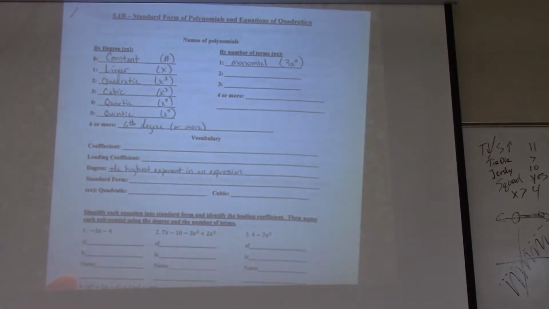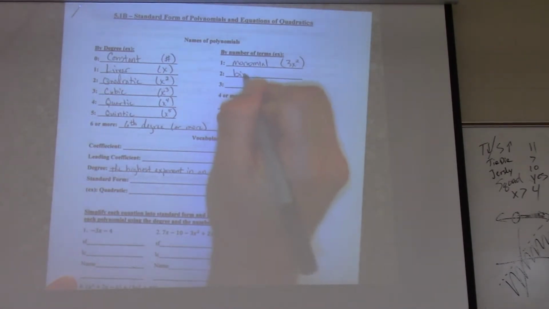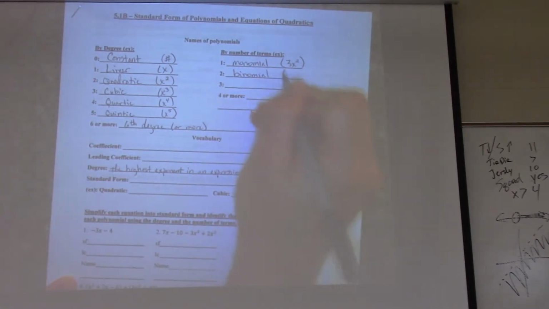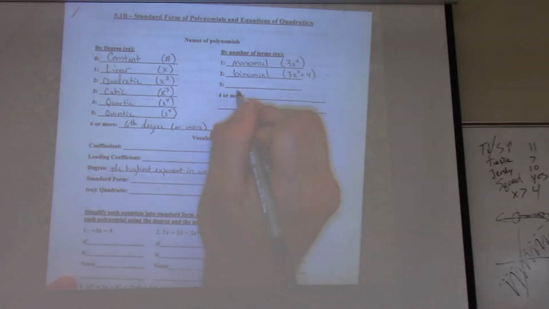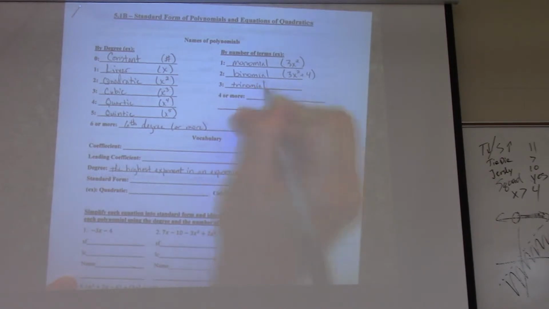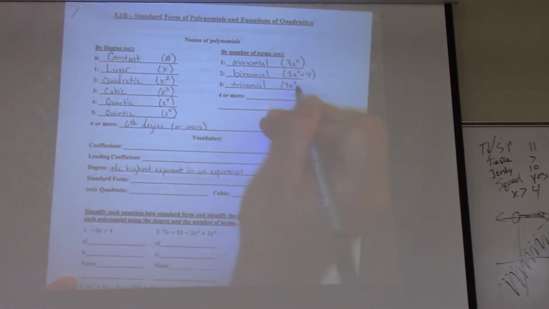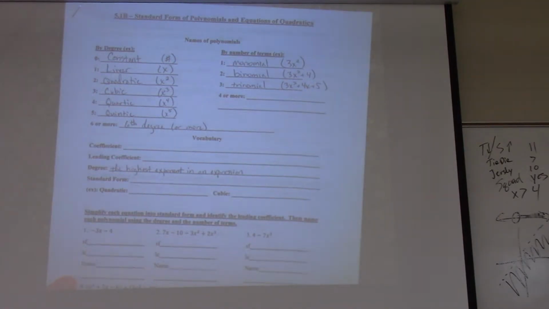I'm going to give you an example, 3x squared by itself. What's the next one, Trey? Binomial. Let's give you an example of that, 3x squared plus 4. And then last one, 3, trinomial, which would be like 3x squared plus 4x plus 5. 3 terms, 2 terms, 1 term.